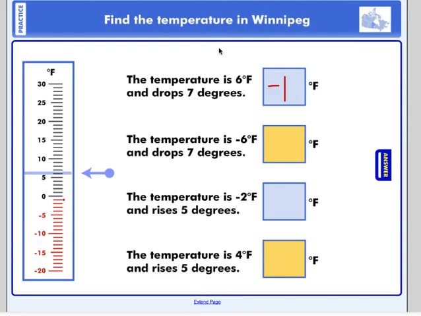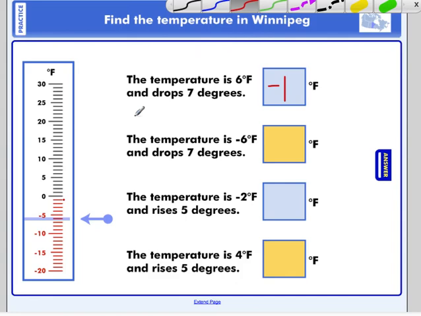Okay, let's try the next one. The temperature is negative 6 degrees Fahrenheit. Okay, so let's start at negative 6 here. So we're starting right there. And we're going to drop 7 degrees. So we got to drop 1, 2, 3, 4, 5, 6, 7.